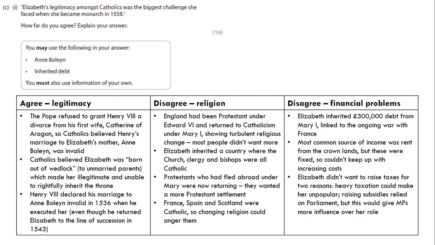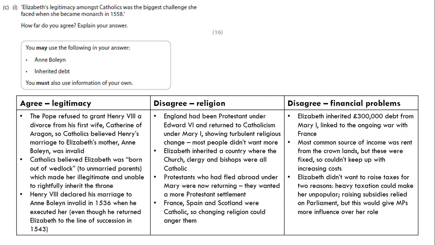So it would take a long time and it would be hard work to return everything back to the Protestant faith. Protestants who had fled abroad under Mary were now returning. They wanted a more Protestant settlement to religion, and France, Spain and Scotland were Catholic, so changing religion could anger them. So religion's a huge problem for Elizabeth, because no matter what she does, people aren't going to be happy.